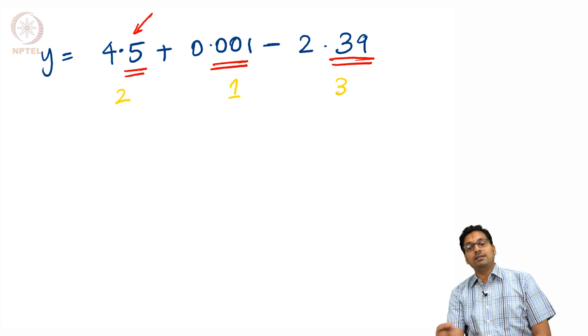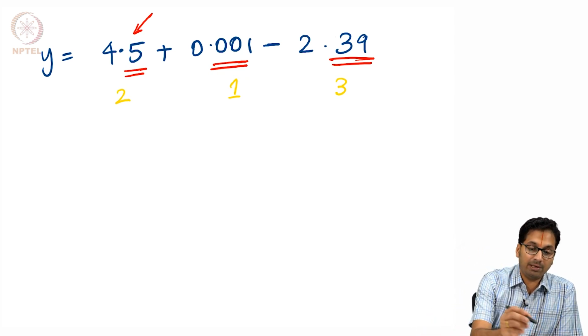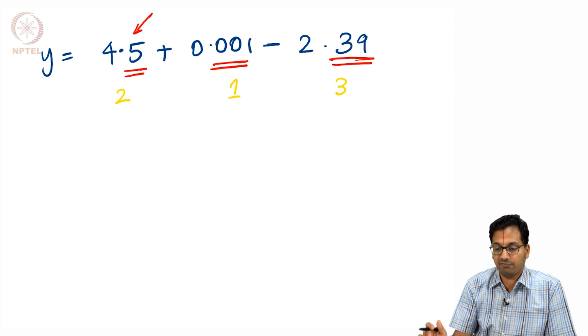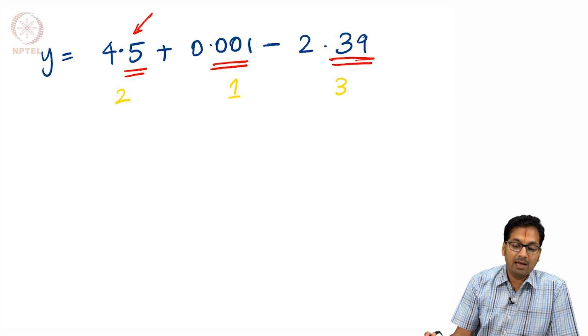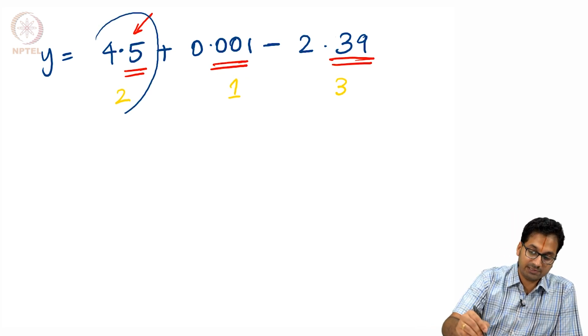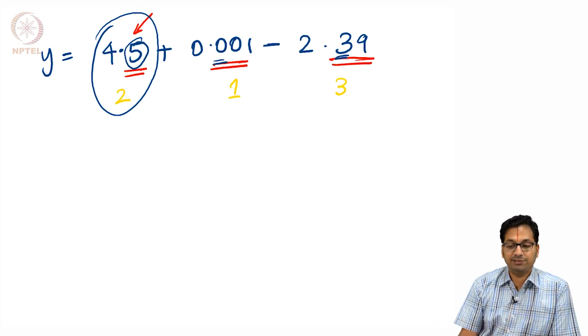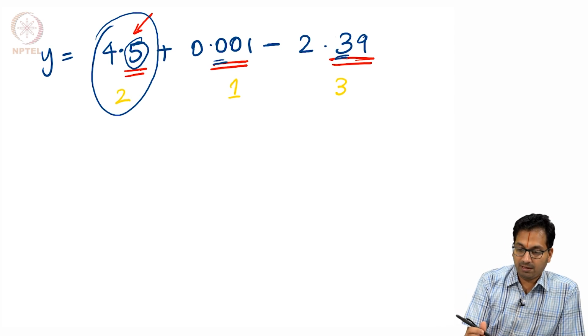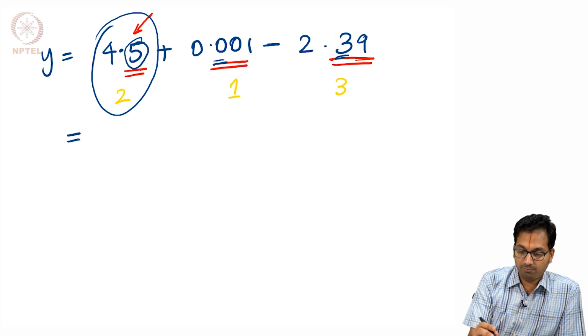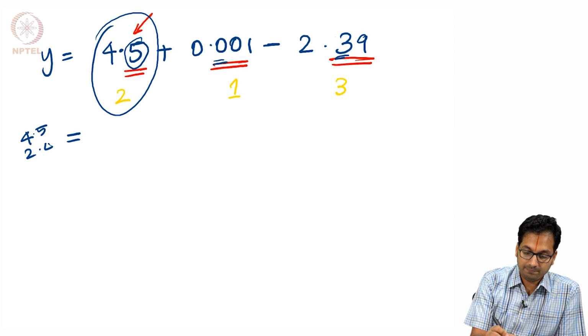So let us assume that these are all volumes that we are trying to measure, and we are trying to take a sum or difference with respect to each one of them, and we are able to realize that the maximum uncertainty is associated with this, meaning that within the first decimal itself the value changes. So now what is going to end up happening is that 4.5 minus 2.4 is 2.1.